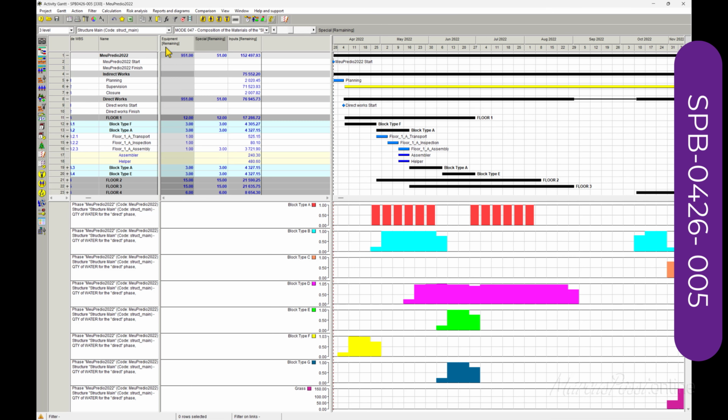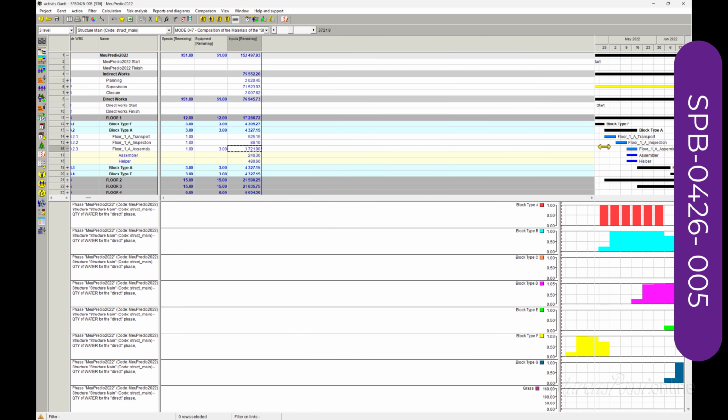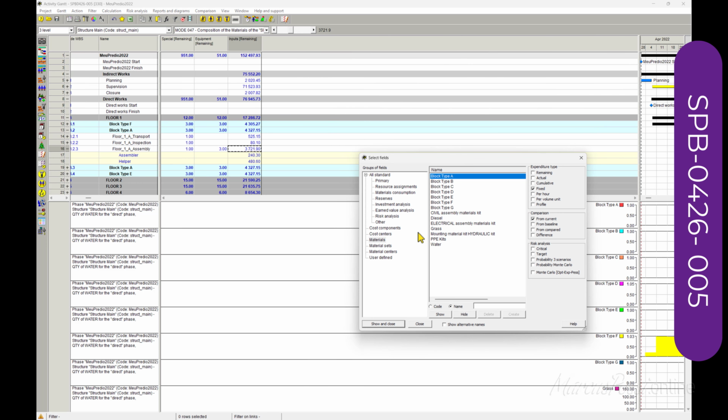Why do we have 3 blocks here? We transport 1 block, we inspect 1 block, and we assemble 1 block. My God. Let's see again your material. Block A, B, C, D, fixes. Just to check again if you made it correctly.